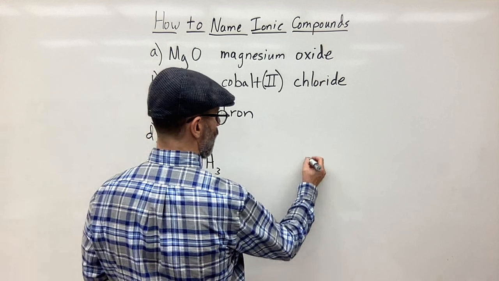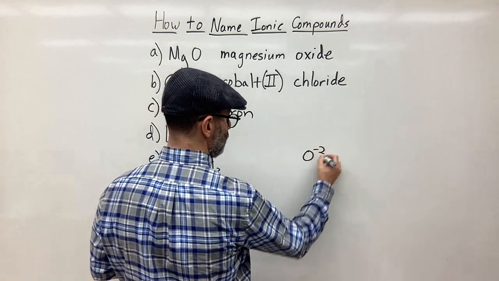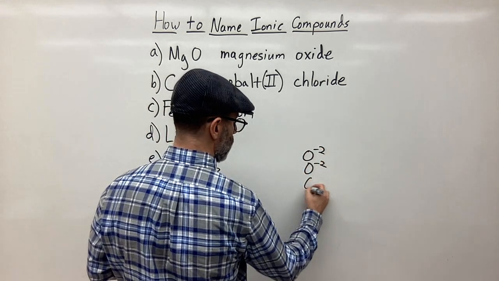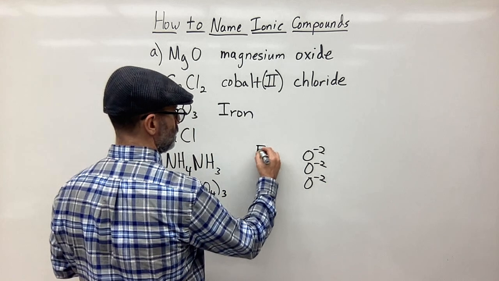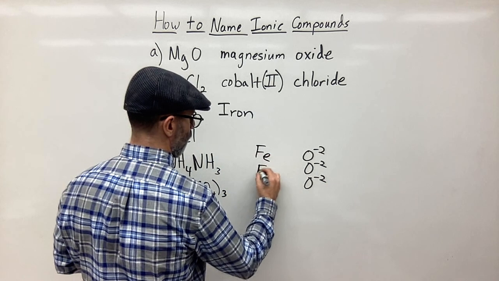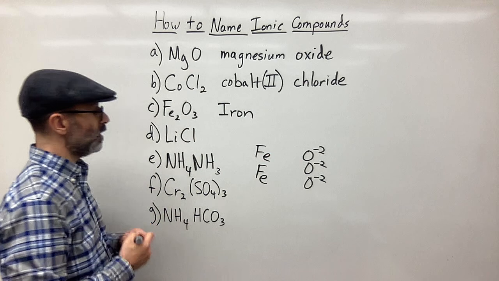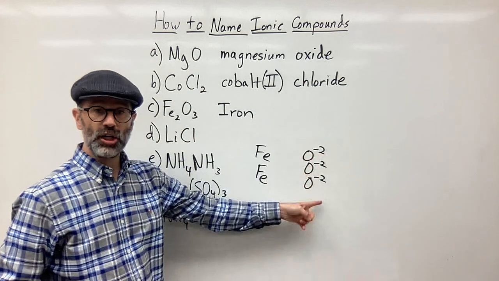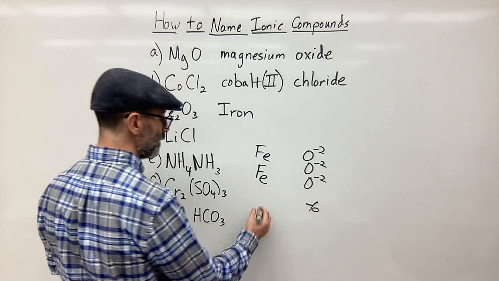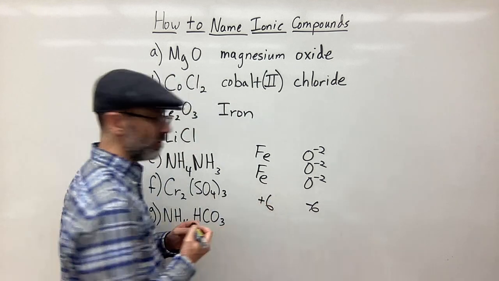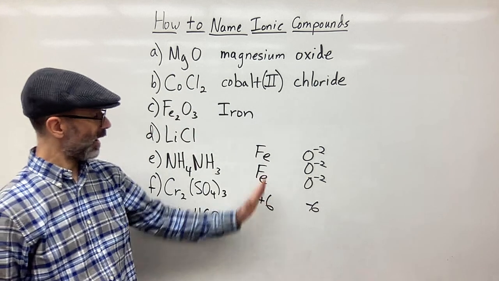So if I write this down here, I have 3 oxygens, right? And I have 2 irons. So the total charge here for the negative is a -6. So to balance out the charge, I need a total of a +6 charge on my irons.